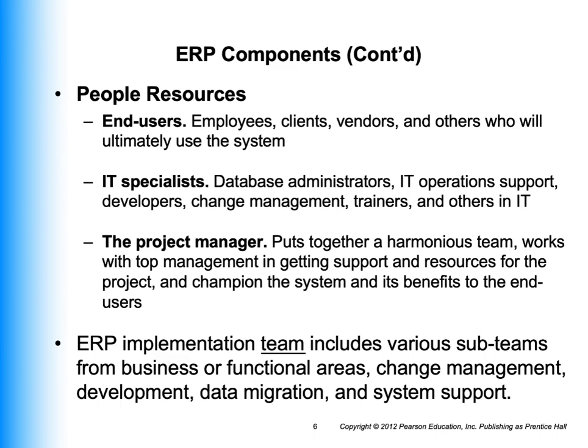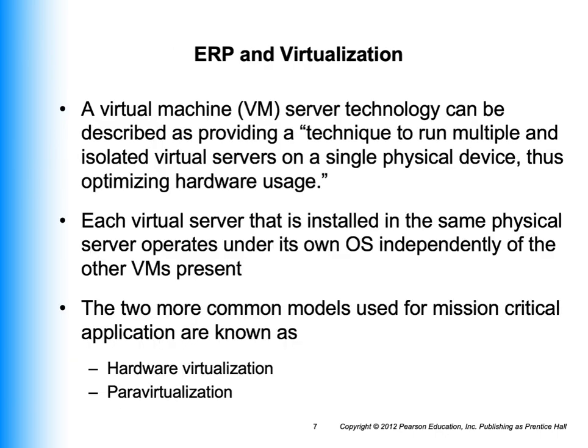Next, take a look at virtualization, VM. So VM is technically running several machines together in the virtual space. This is pretty much optimizing the hardware. It's very critical. Two models are hardware virtualization and paravirtualization.